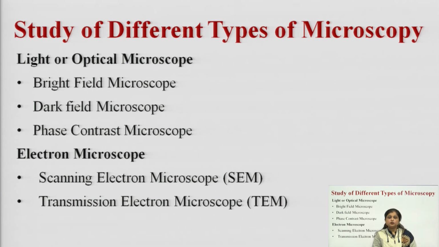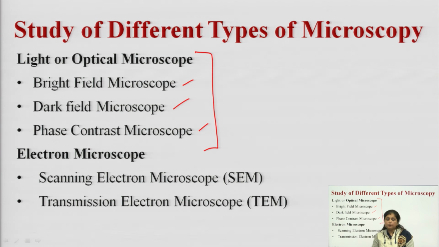So, what actually is microscopy? Microscopy is the subject which deals with the study of microscopes. In my last lecture I covered light or optical microscopes, in which we covered bright field microscopes, dark field microscopes, and phase contrast microscopes.